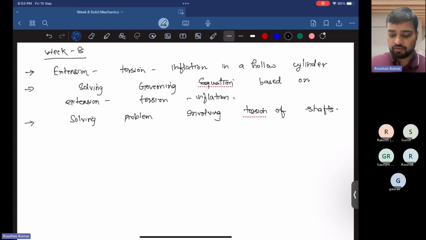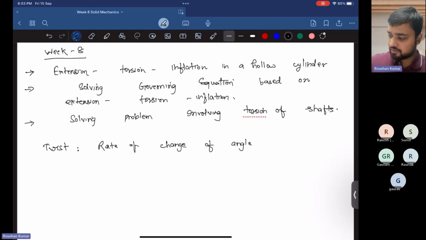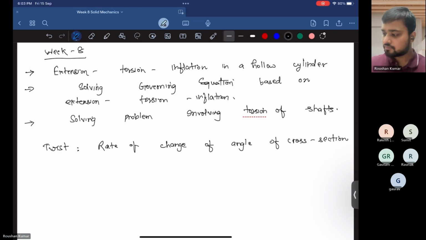The first concept discussed there is the twist. Twist is basically the rate of change of the angle of the cross section.